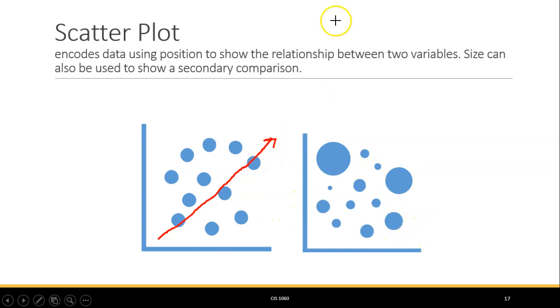If you were to add a third dimension, like if you did height and weight, but then also you put their age, the bigger the circle might be their age. Or another might be just the number of people that were measured. So let's say that you were going to do the height and weight of one of the girls' basketball teams, and if this is height on the vertical axis, you have a good majority of girls that are very lightweight but very tall.